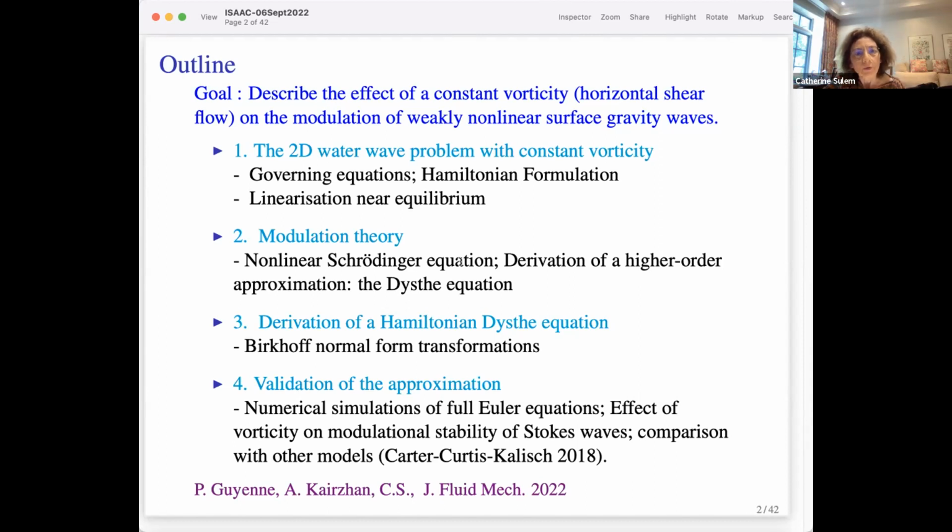We are interested in weakly nonlinear quasi-monochromatic waves, a situation where one develops a modulation theory.